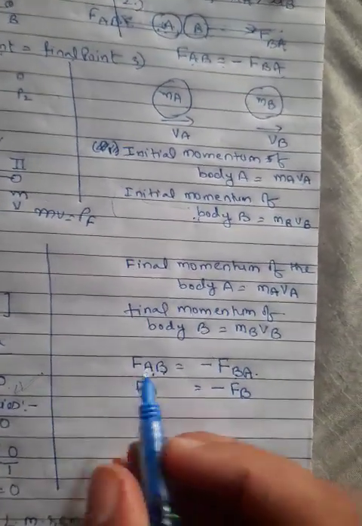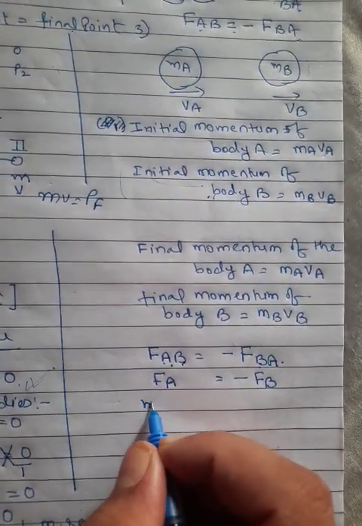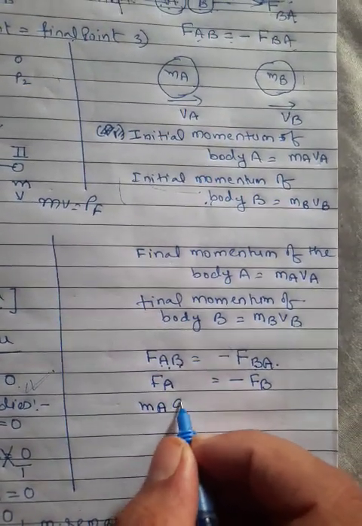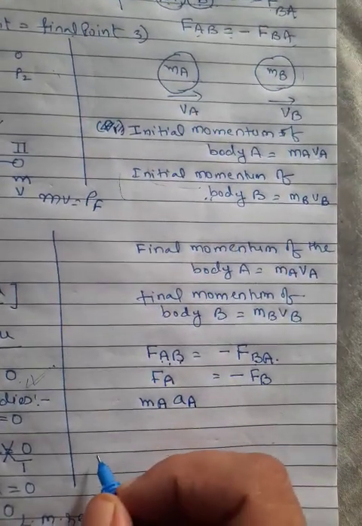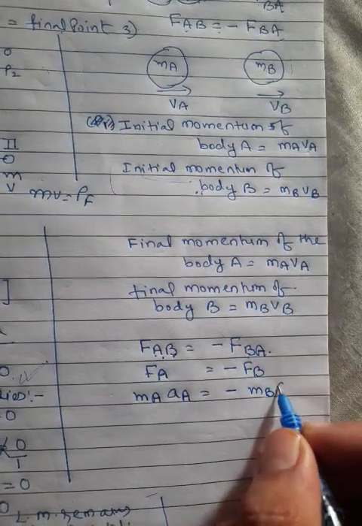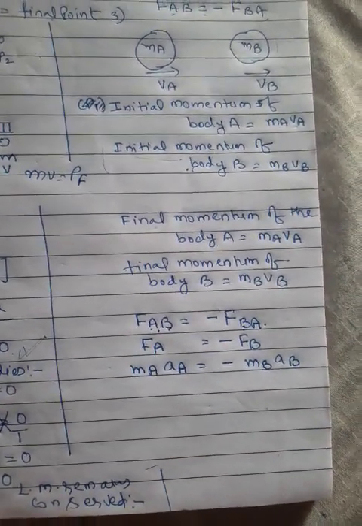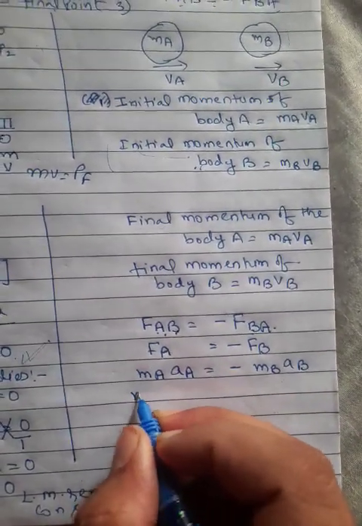Okay or not okay? So for A we will do what? Force is equal to what? Mass into acceleration. So we can say MA, acceleration AA. Clear? So same thing for the second body, MB AB. Okay or not okay student? Say yes or no. So simply what will we do?